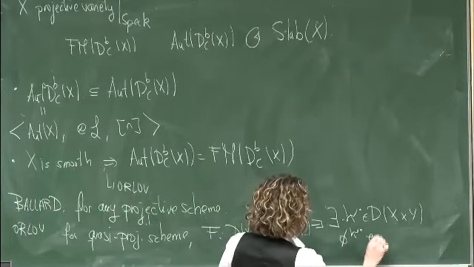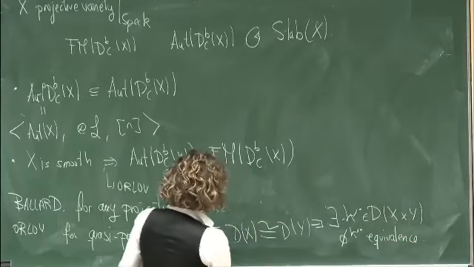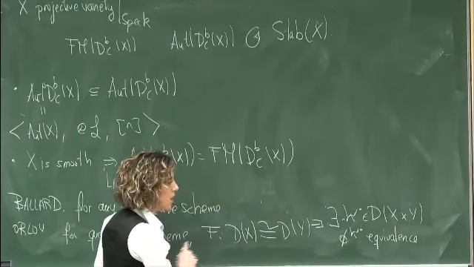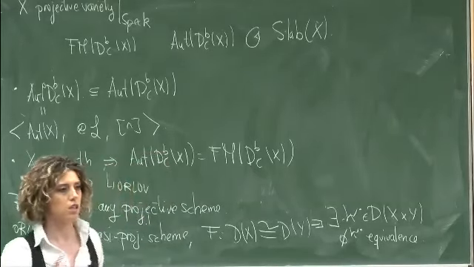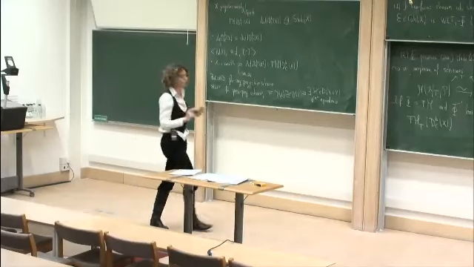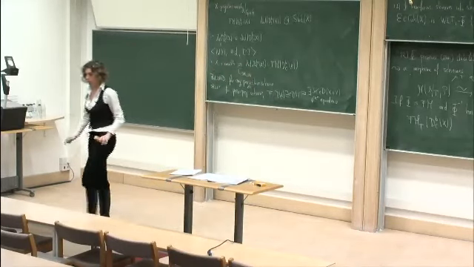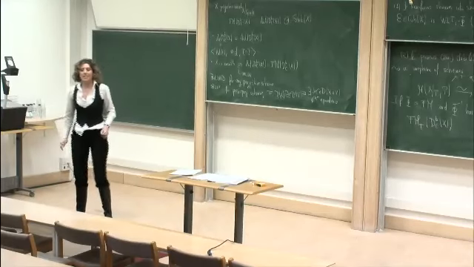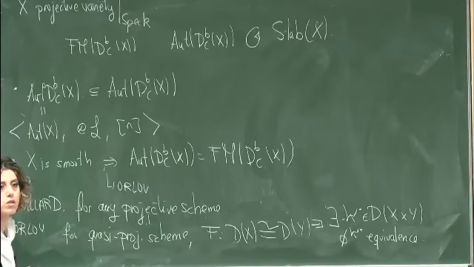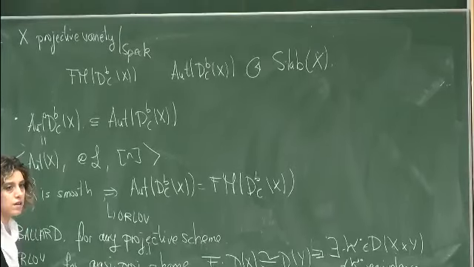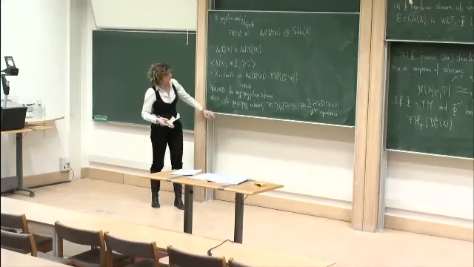This is an equivalence, but these two only coincide when they are applied to perfect complexes. In general, there is not a canonical isomorphism between this one and this one for quasi-projective schemes. So, in general, for more general schemes, nobody knows if any functor is representable or not. Okay.